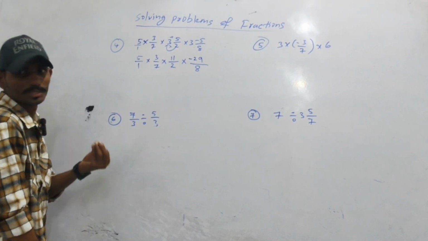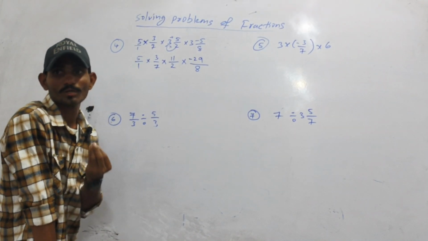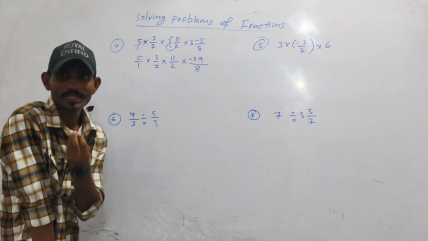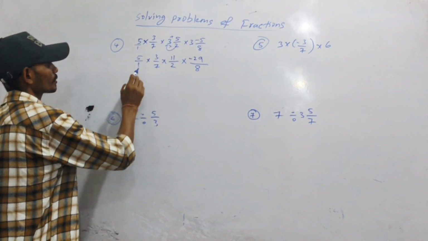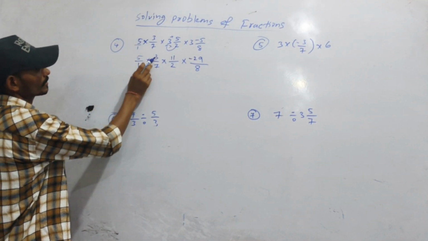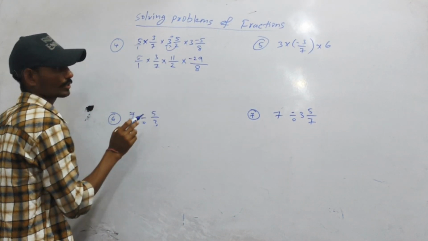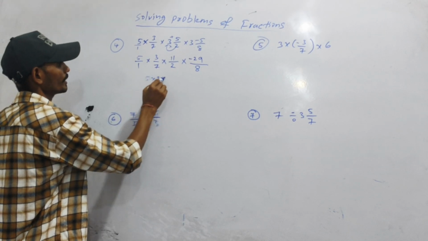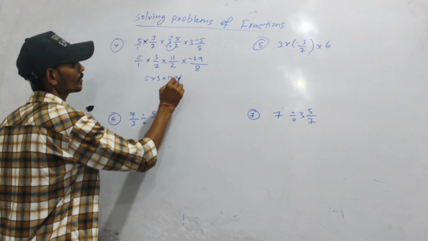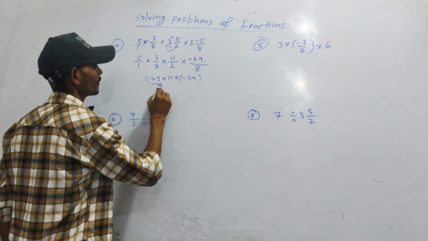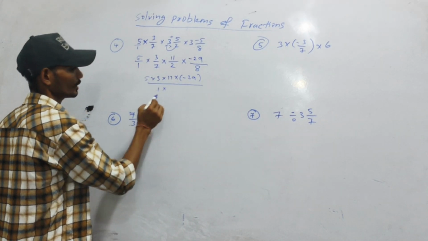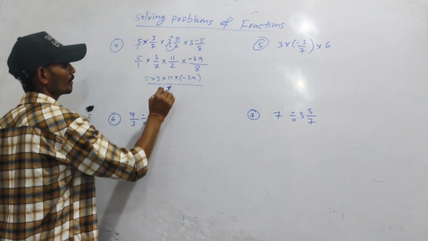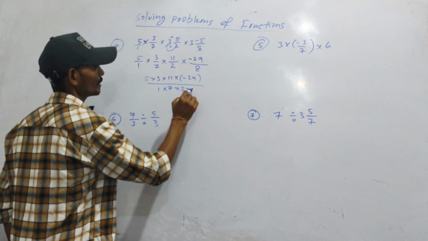In the condition of multiplication of fractions, what rule do we follow? Numerators into numerators, denominators into denominators. Numerators, what are the numbers? 5, 3, 11, minus 29. 5 into 3 into 11 into minus 29 by 1, denominators 1, 7, 2, 1 7 2 into 8.